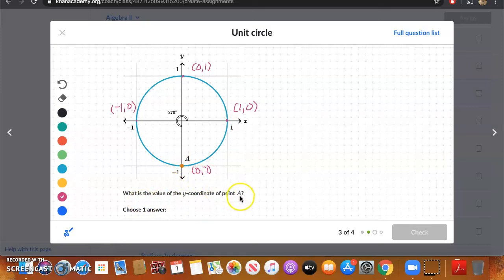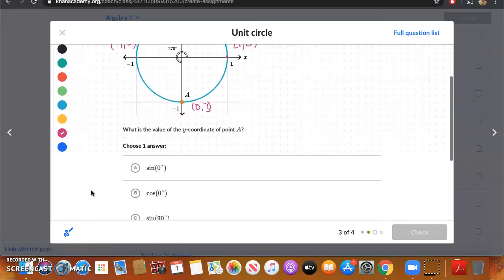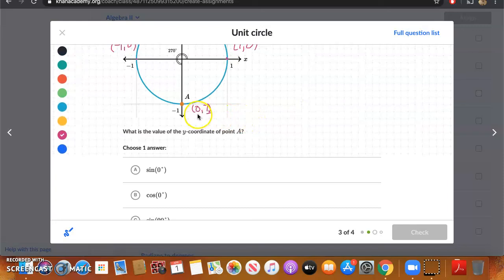What is the value of the y-coordinate at point A? Well, that's got to be negative 1, correct? It's on the y-axis, so the x-coordinate is 0, and it's a unit circle, so it's 1 unit from the center, going down, so it's negative 1. By the way, the x-coordinate is cosine of theta.